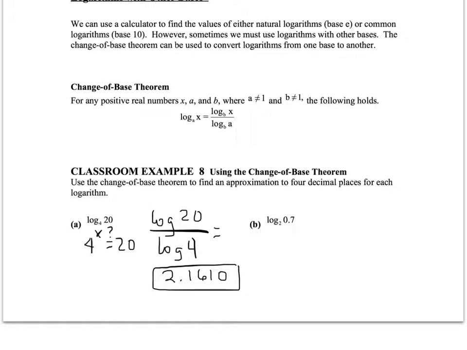If you were entering example B in your calculator, you would want log of 0.7 divided by log of 2. And if you type that in your calculator, you should get a value of negative 0.5146. Make sure you know how to use your calculator correctly.